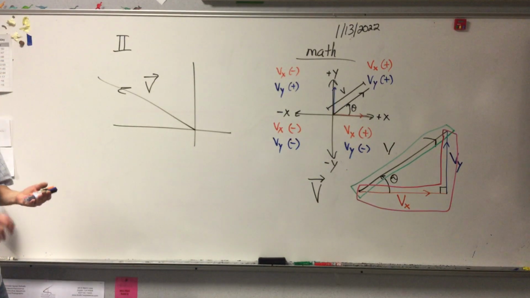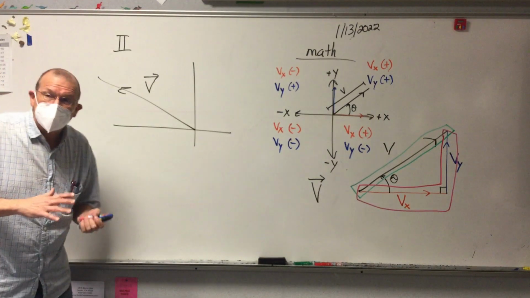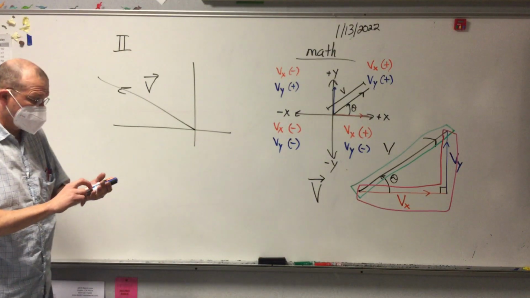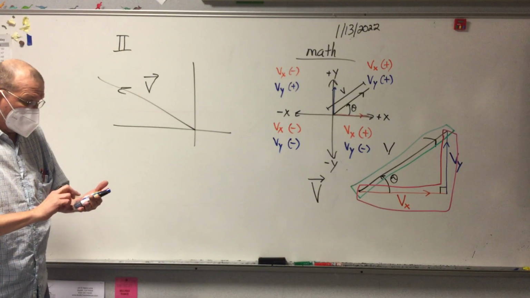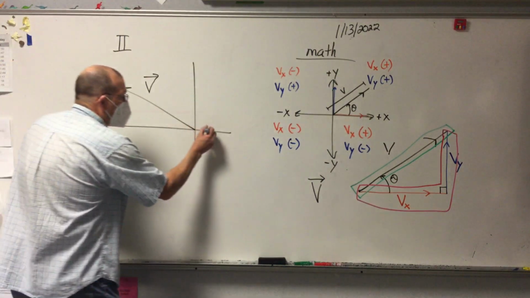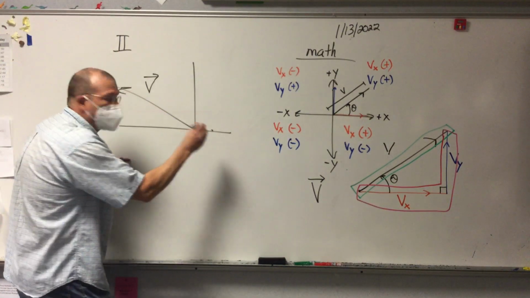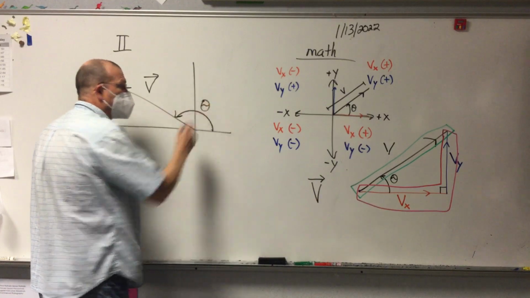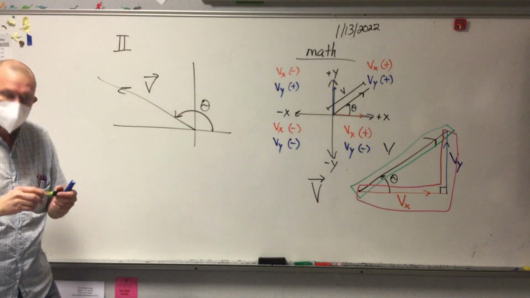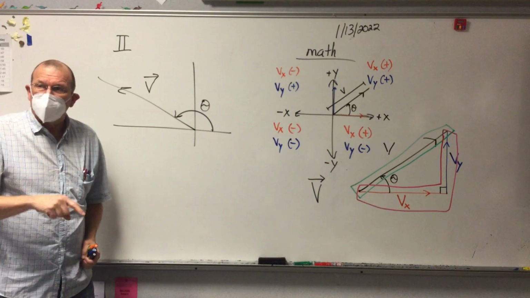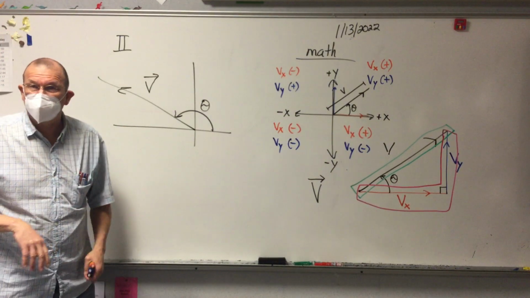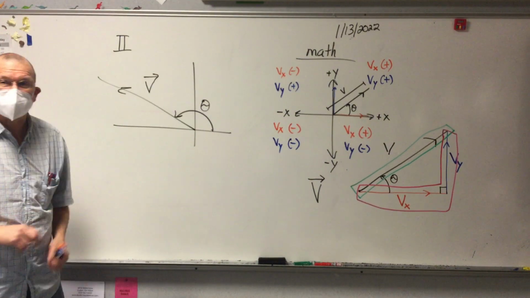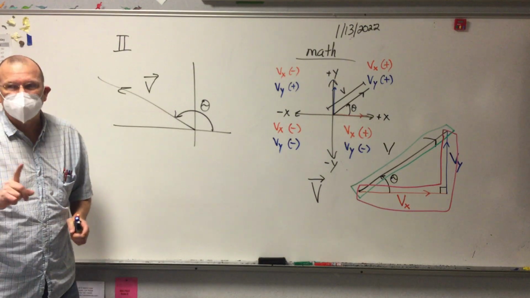Now, the correct angle from a vector perspective is this one here. But in math, when you are taught to play with sine and cosine, what they end up saying is, well, use the reference angle.